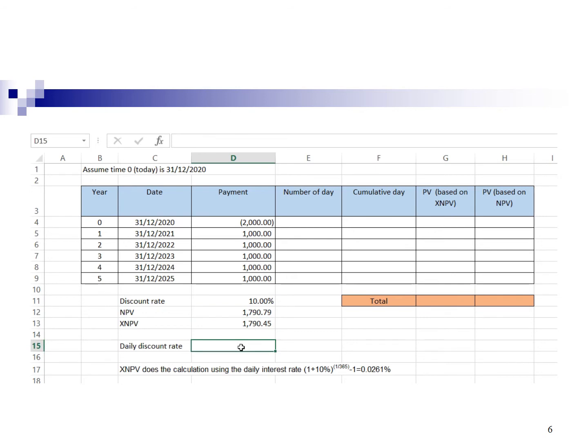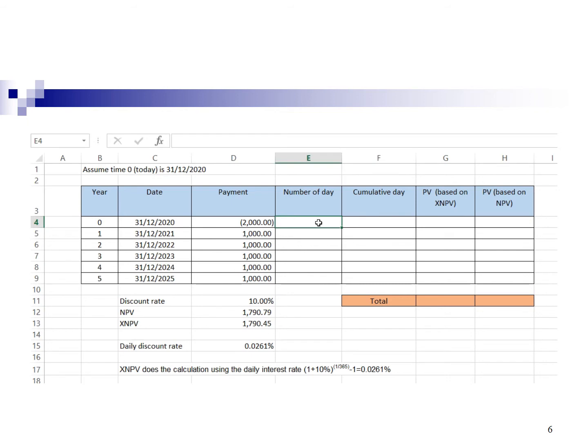I'm going to type equal, open bracket, 1 plus the annual rate of 10%, close bracket, power of open bracket, 1 divided by 365, close bracket, minus 1. The daily discount rate is 0.0261%.